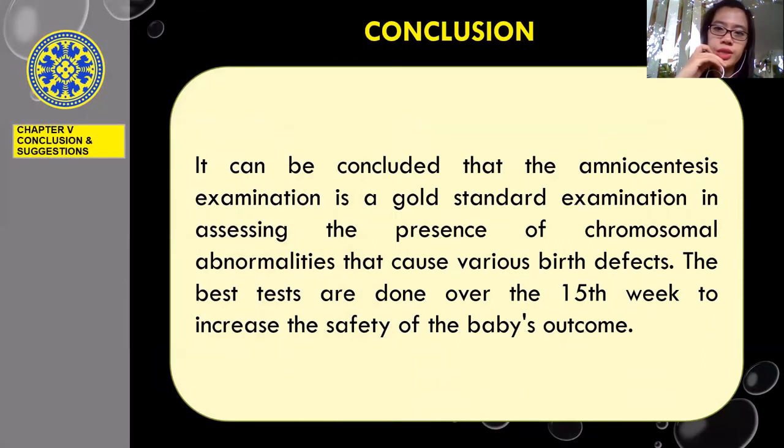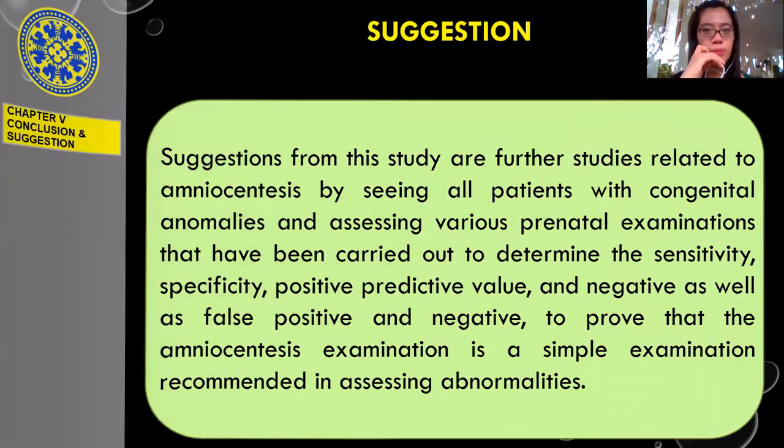It can be concluded that amniocentesis is a gold standard examination in assessing the presence of chromosomal abnormality that causes various birth defects. The best tests are done after 15 weeks gestational age to increase the safety and the baby's outcome.